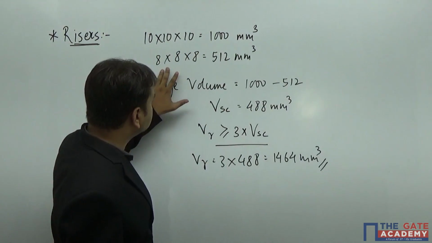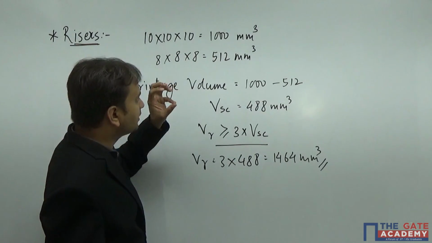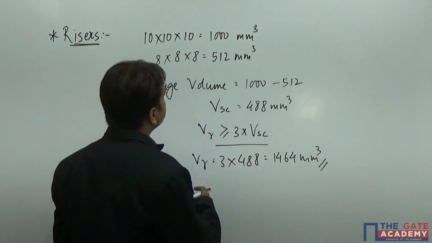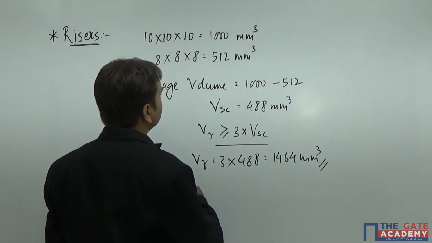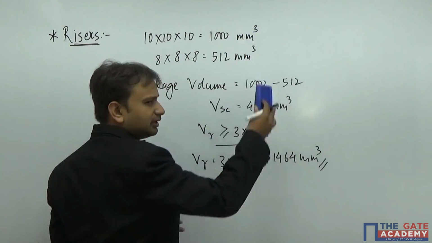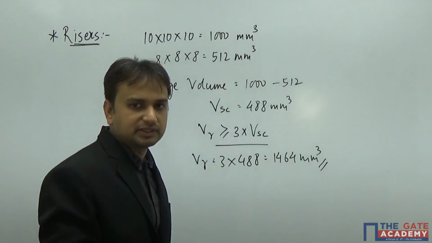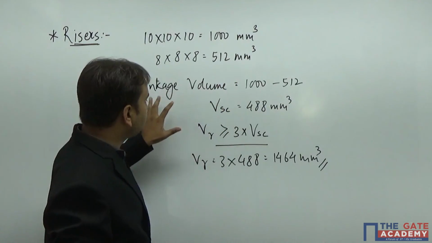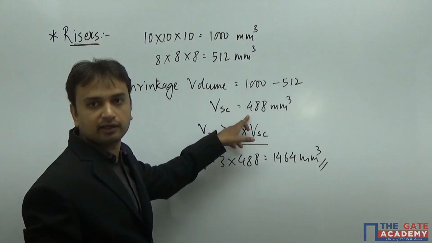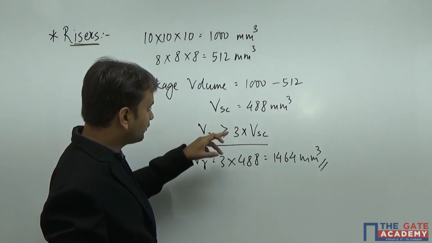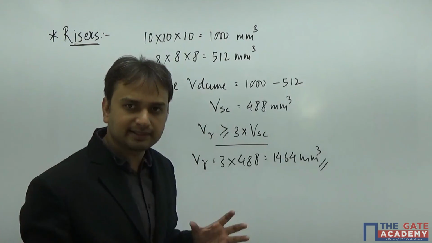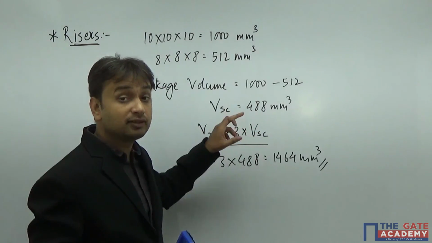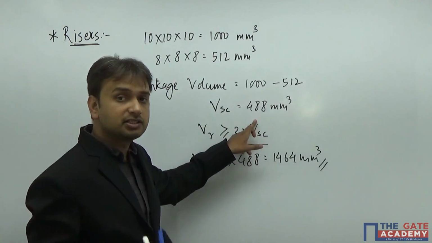And now when it got reduced, anyways, it is just an example. So 8 by 8 by 8 is 512 mm cube. That means the shrinkage volume is 488 mm cube, right? And now we have to build a riser so that it can compensate thrice of this volume, which volume? Shrinkage volume.